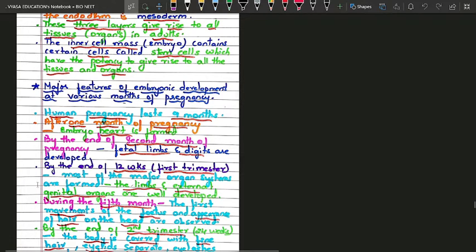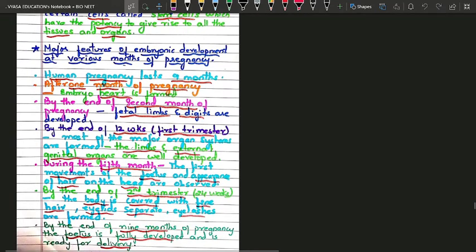By the end of 12 weeks, which is the third month, that is the first trimester, the first 3 months, most of the major organ systems are formed. The limbs and the external genital organs are well developed, so sex determination also can be done at this stage.